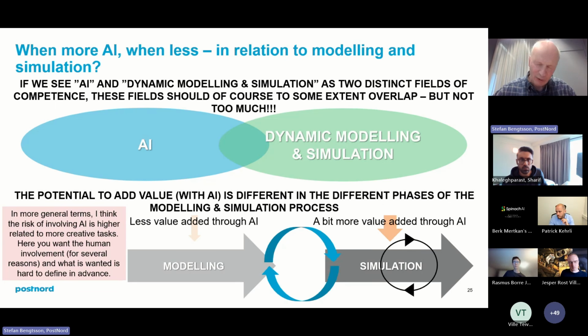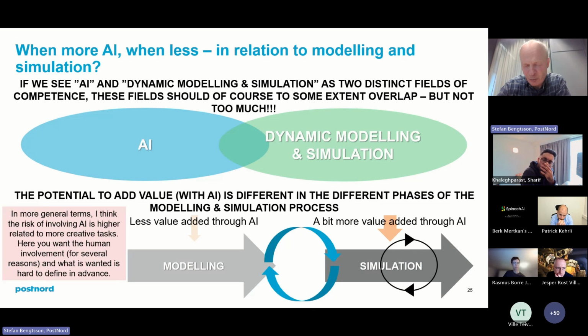And I think the risk of involving AI in the creative phase, in taking the human out of the loop, is very, very dangerous. We need a human in the loop. We need to develop the competence that we develop through modeling as such. And therefore, I am quite skeptical to letting AI take a big chunk of this.